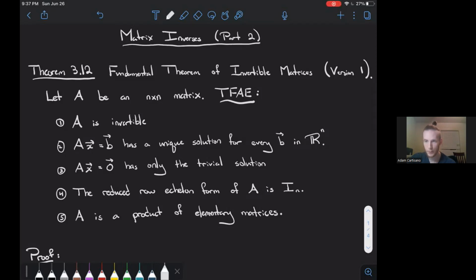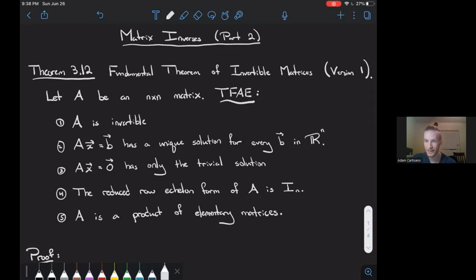So the first one is A is invertible. That is true if and only if the system AX equals B has a unique solution for every single vector B in R^n. That's true if and only if AX equals 0, the homogeneous system, has only the trivial solution, or the reduced row echelon form of A is the identity, or A is a product of elementary matrices.